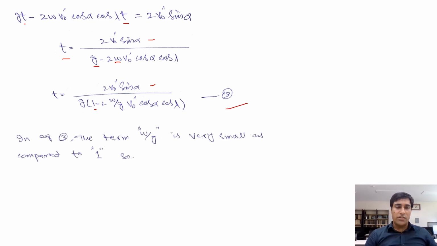In this equation, the term omega over g is very small compared with 1, so we will simply ignore it and put it as 0. After ignoring this term, t equals 2 v naught dash sine alpha over g into 1 minus 0, or t equals 2 v naught dash sine alpha over g. This is the time of flight to the ground.